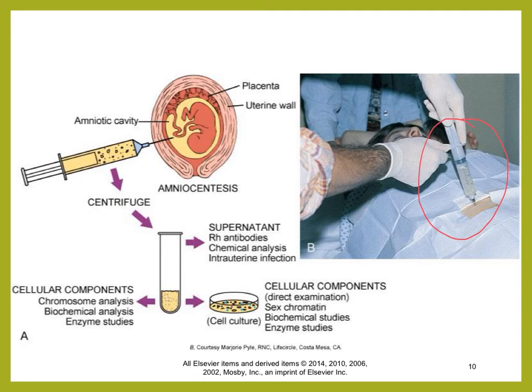If a baby is positive for Tay-Sachs disease, their life expectancy is not very long. Hemophilia is another one where we would do an amniocentesis. The other thing you can obtain from the amniocentesis is that measurement where we're looking at the actual amniotic fluid volume.